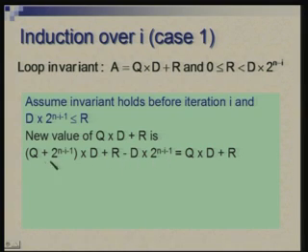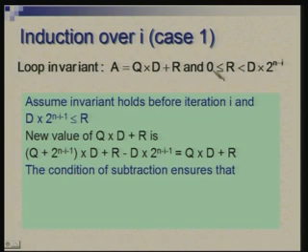So, q has become q plus 2 raised to power n minus i minus 1, and r has become r minus d into this power of 2. So, the new value of this expression q d plus r is given by this. If you expand this, you will again be left with q into d plus r. So, what it means is that at least this equality holds even after the iteration. We can also check if this inequality also holds.